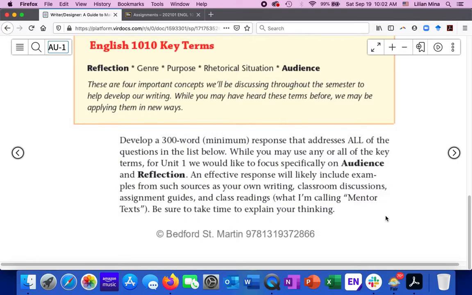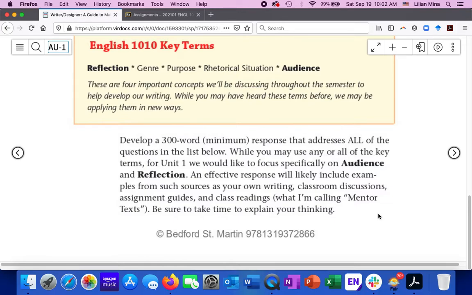If you would like to give an example of the language you used in your assignment about the lesson you've learned or something like that, then include this as an example in your reflection.